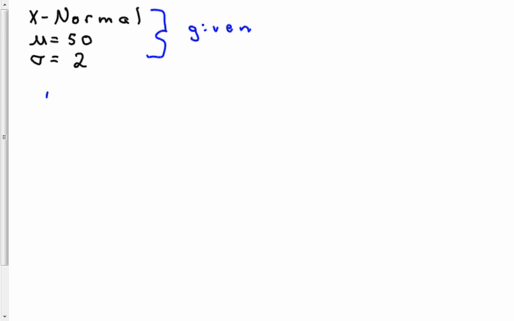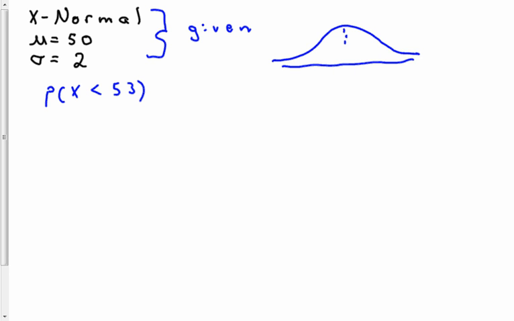If we are looking at the probability that x is less than 53, first make a sketch. We know it's centered at 50. Right over here somewhere is 53. So we know we're looking for that part of the probability. We can shade that.